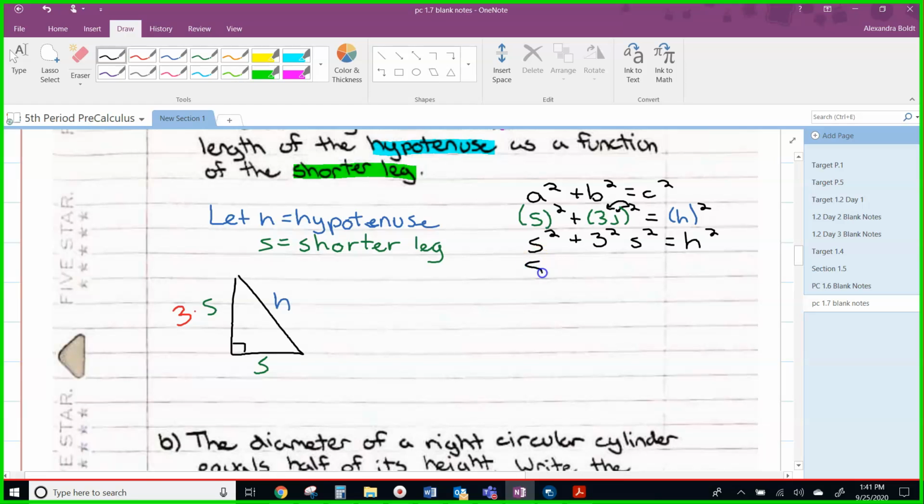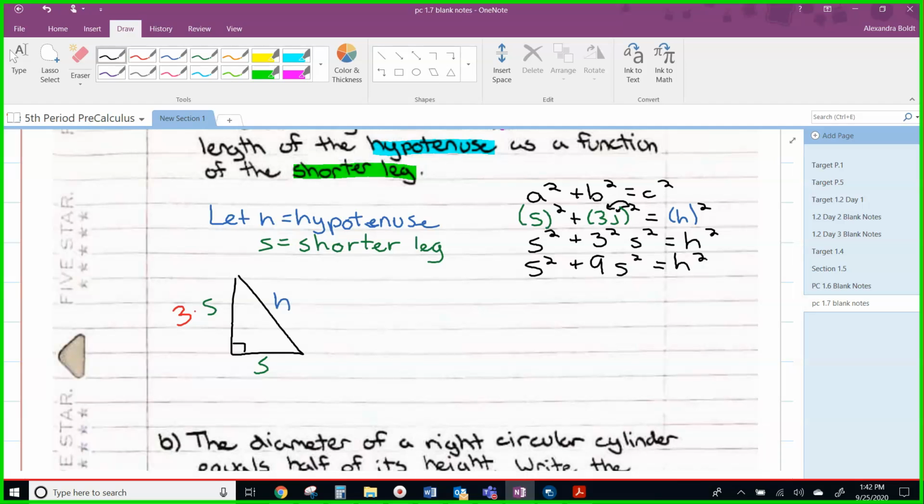So I have s squared plus, well, 3 squared is 9, not 9 squared, just 9. 9 s squared equals h squared, just by squaring that 3.